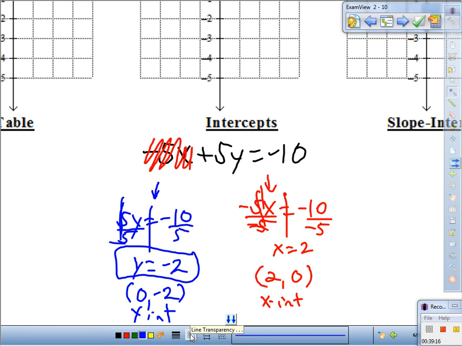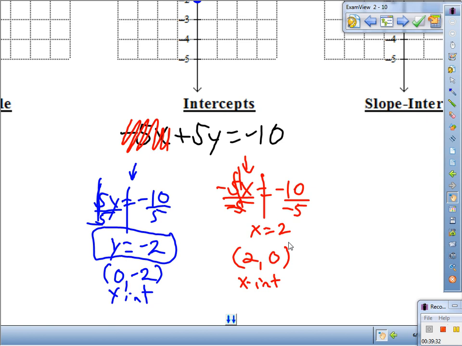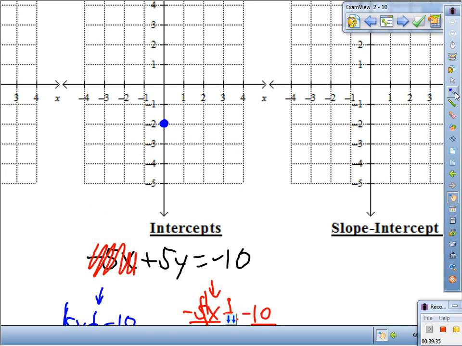Everybody ready? Let's plot those 2 points. One of them is 0, negative 2, and the other one is 2, 0. I'm going to do the y-intercept first. 0, negative 2 is down here. What is the other one? X is 2, 0. 2, 0 is right there. Get your index cards.